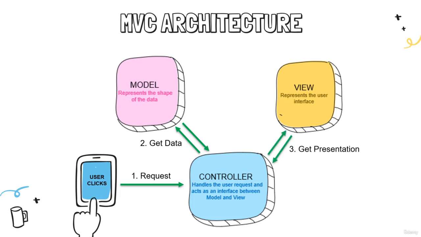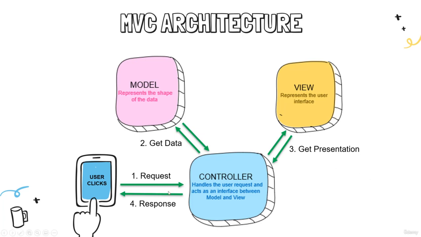Once the view is rendered, it will pass all of that to the controller, and controller will then pass a response which will be sent back, and the user will finally be able to see the page. So you can see controller can be treated as heart of your application. That is where we will have all the logic of your application, and it is the one which will be interacting with models and views.